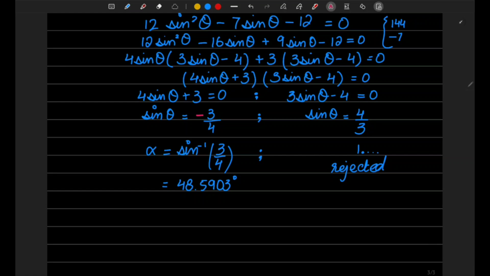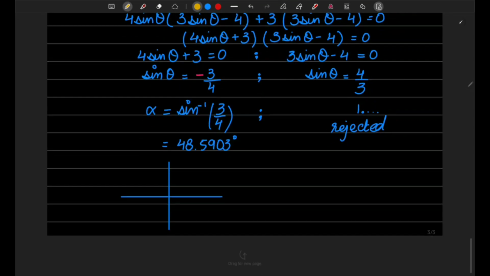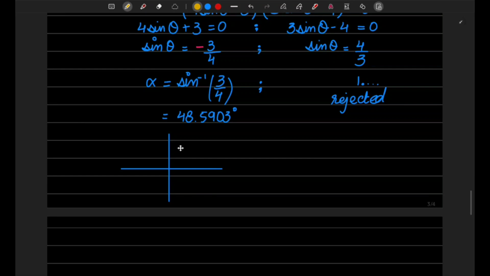So we need the angles in the quadrants where the sign is negative. This is your A, S, T and C. The sign is negative in the third and fourth quadrants, so we need angles here and here.